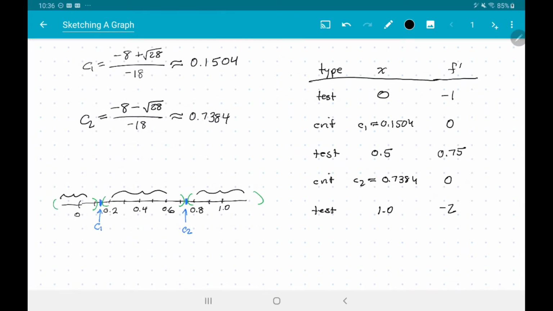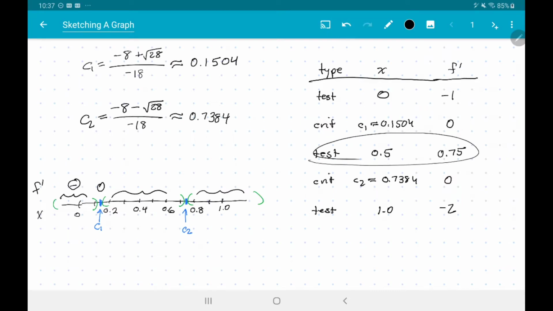Now returning to the number line, in this first interval, I'm going to look at this test number and see that f prime is negative. So I'll write a negative sign there. If you like, I've got an x number line and we're putting in sign information about f prime. Then f prime is 0 at the critical number.